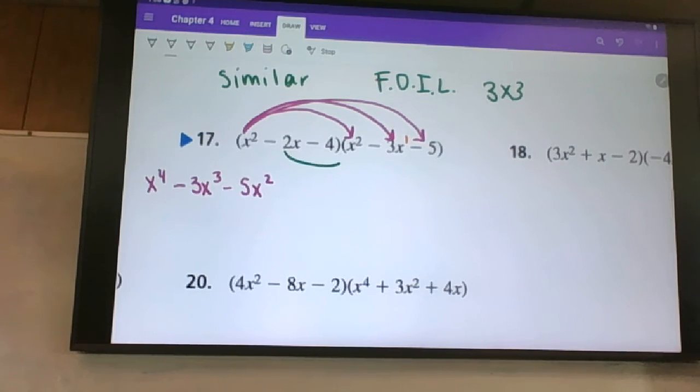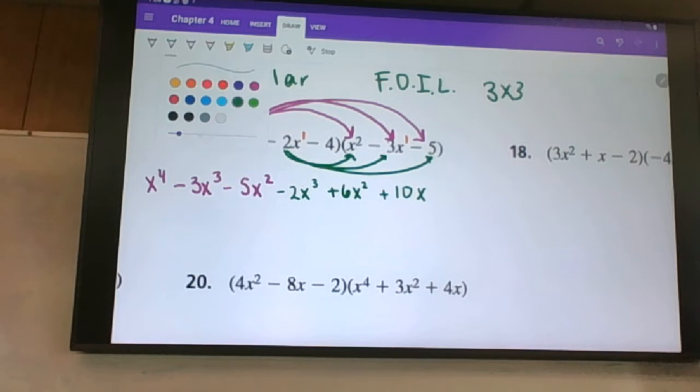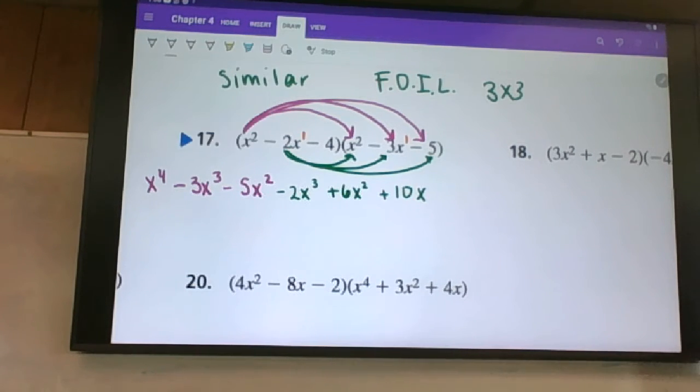Now I'm focusing on that negative 2. There's the middle 3. I'm going to switch colors one more time and distribute the minus 4.